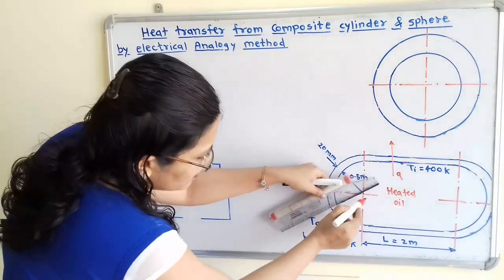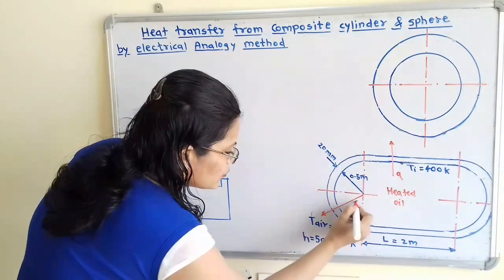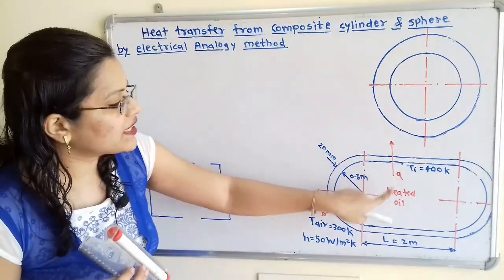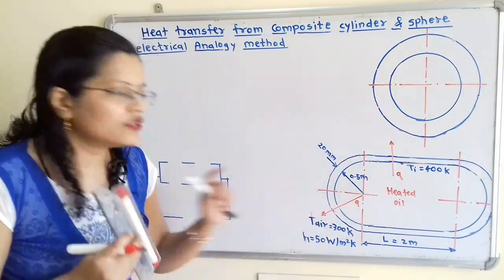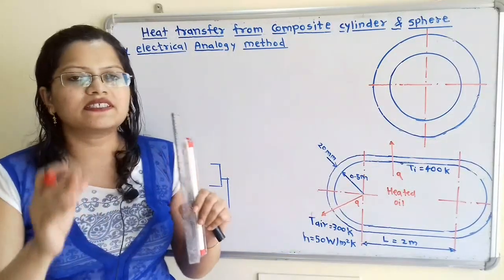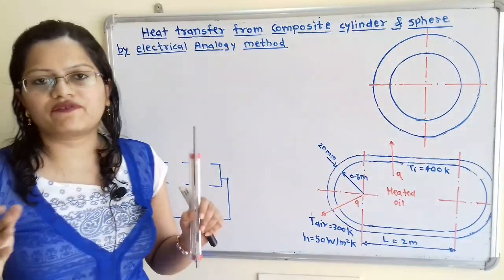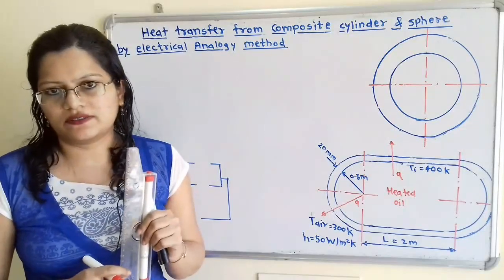So we will show here this Q in this direction. So we can say that heat will flow through the cylinder and at the same time heat will flow through the sphere. That means these are two parallel ways in which the heat is flowing through the different cross sections. Now we will find out the resistances.